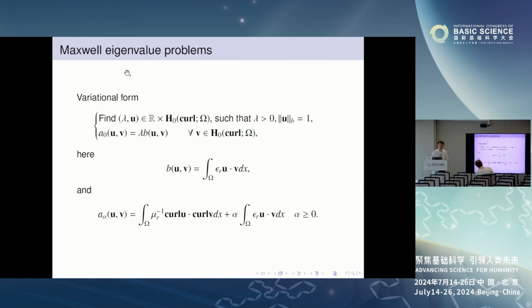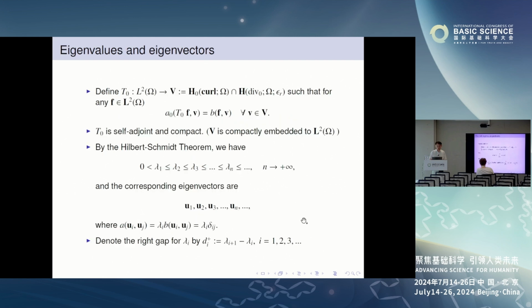For the Maxwell eigenvalue problem, you can write the variational form, because we would like to use the finite element method to approximate these equations. You can write it down like this, and this bilinear form can be written like this, where alpha is larger than 0. This is the variational form.